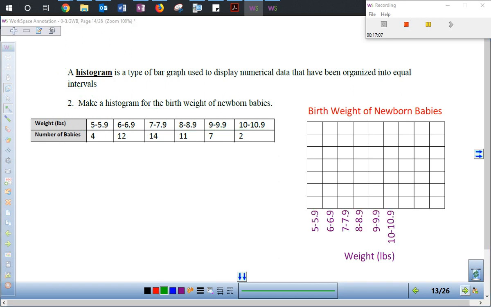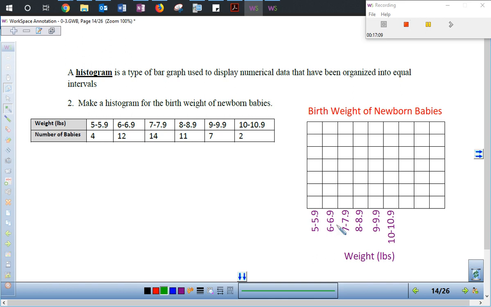So if you'll notice, I have 5 to 5.9 in the first one, and I go straight to the next one, 6 to 6.9, then 7 to 7.9, because one flows right into the next one. So bar graphs are comparing different things, and they are spaced in between the bars. Histograms are comparing numerical data, and they are next to each other.